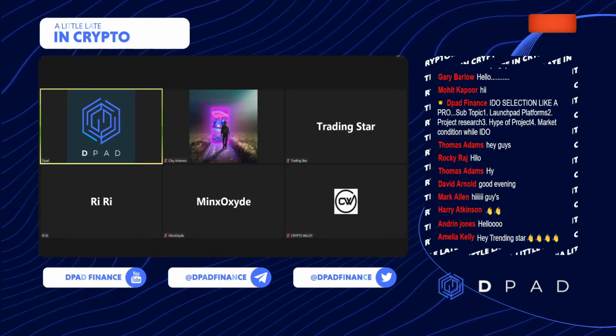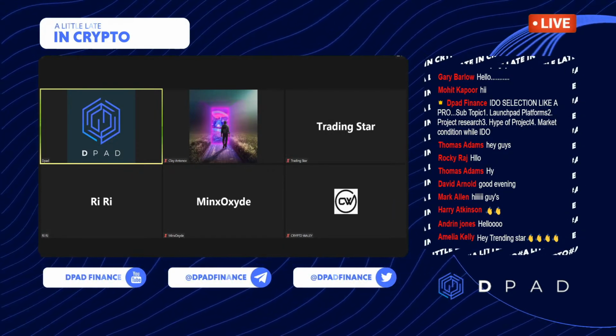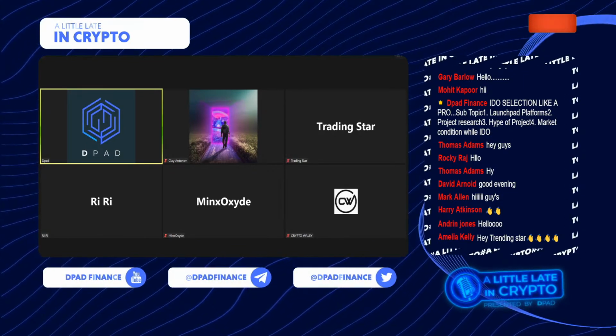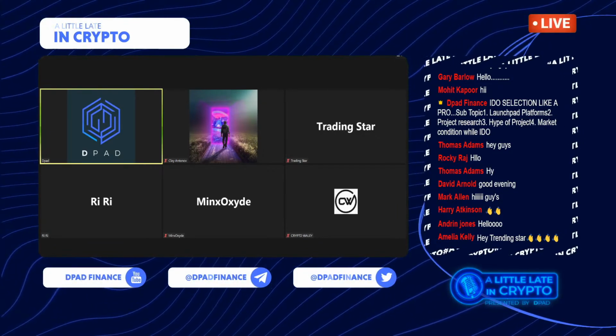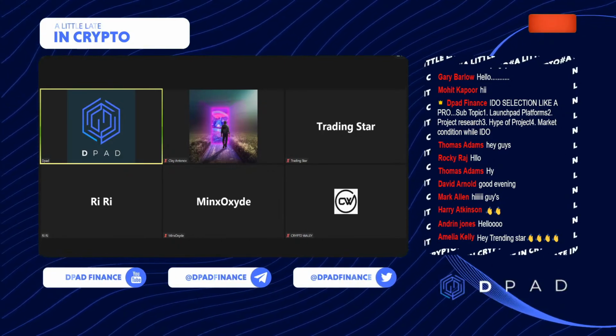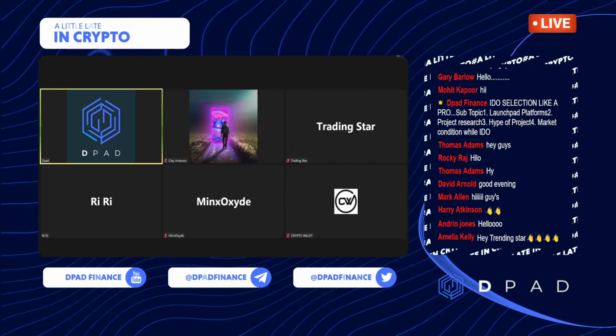For all these parameters, we give points between 1 to 10. If a project has a very good website, then they mostly get 9 points, because till now we have given the highest point for the website to the Sidus Heroes NFT project.